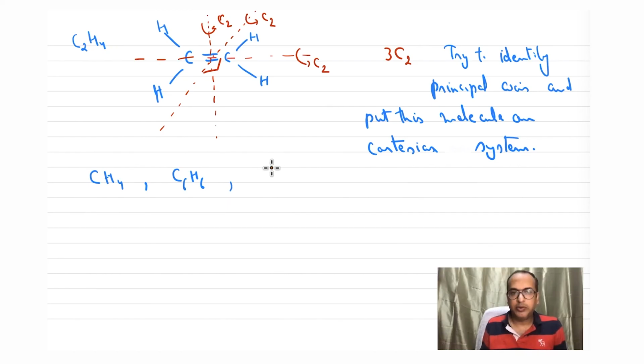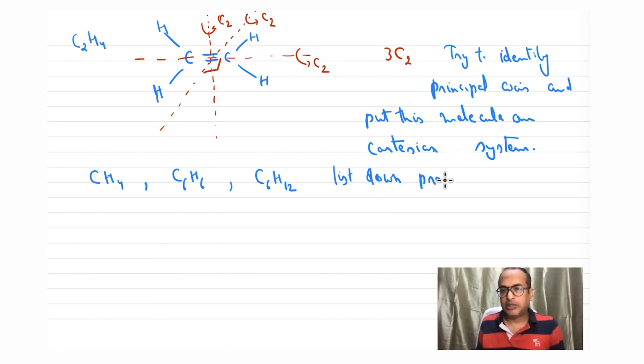Let's also try to do C6H12, both the forms, boat and chair, so cyclohexane, both the forms, and list down all the proper axes of rotation, and then find the principal axis and put the molecule on the Cartesian system.